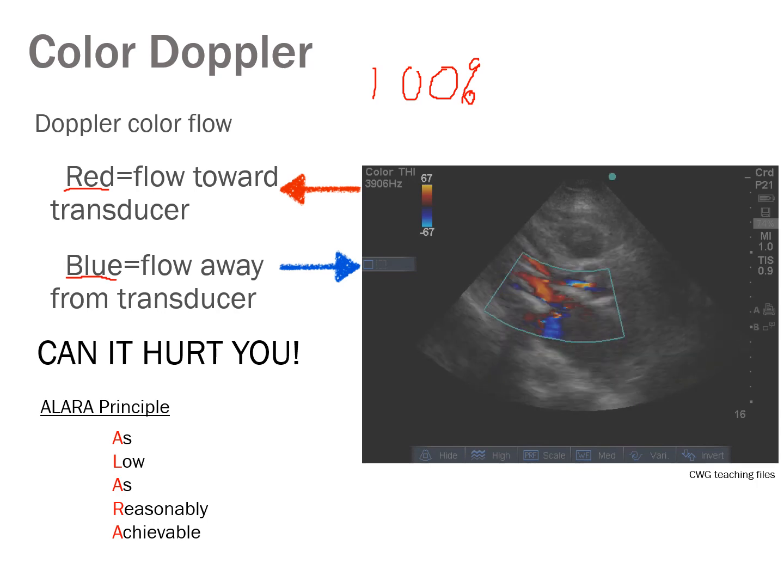So you're only going to be using these things to achieve a set clinical goal or gather set pieces of clinical information. Now, there's been no evidence to show that this in any way at medical practice levels can actually harm you. However, we would want to be prudent in using color Doppler because it puts so much more energy in, and because it actually degrades the quality of the image, and that alone is worth limiting its use to what you need it for.